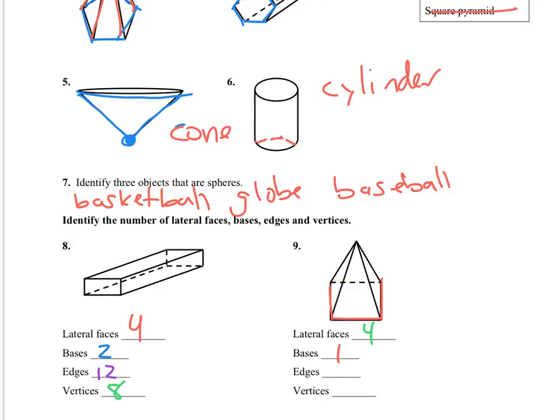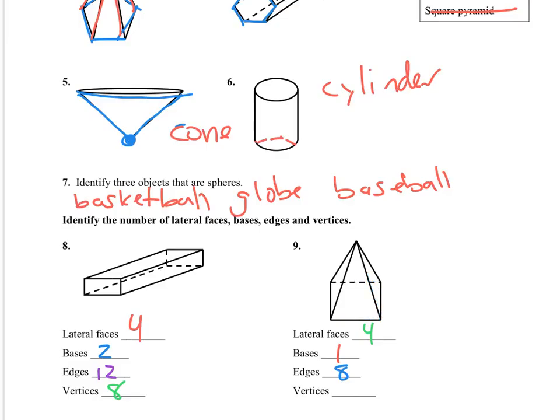Remember that edges cut. Okay, so edges are the straight sides, so let's count how many edges there are. And I'll put the edges in blue. So we've got 1, 2, 3, 4, 5, 6, 7, 8. So you have 8 straight edges. Okay. And then vertices poke, and vertices are created when 2 edges come together.